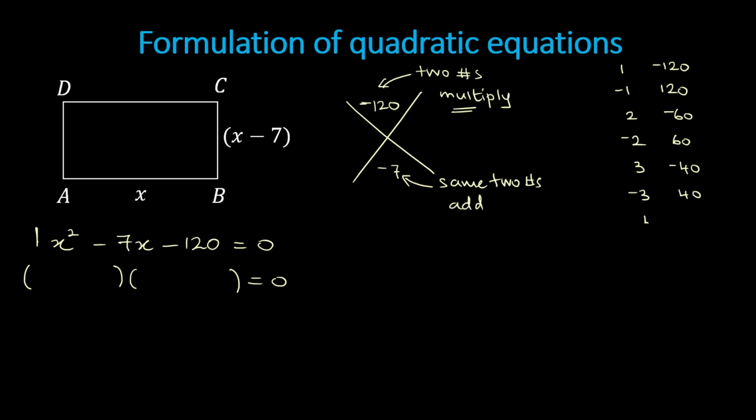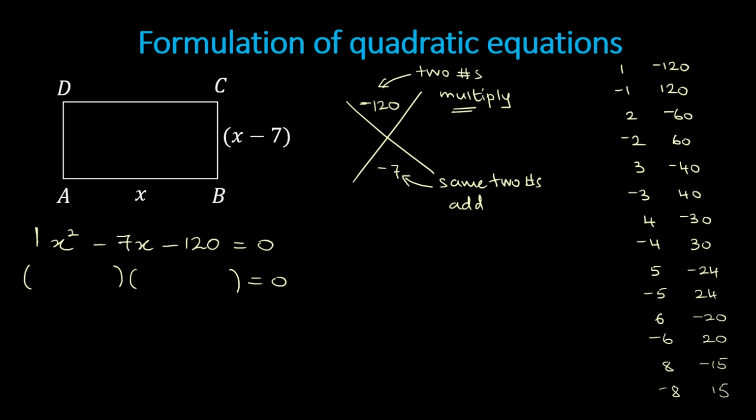Then I have 4 times negative 30 or negative 4 times 30 or 5 times negative 24 or negative 5 times 24 or 6 times negative 20 or negative 6 times 20, 8 times negative 15, negative 8 times 15.